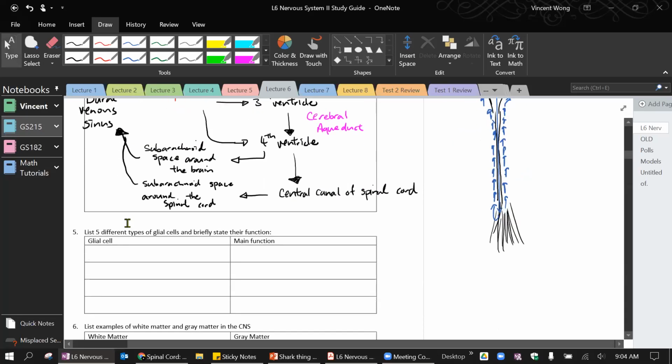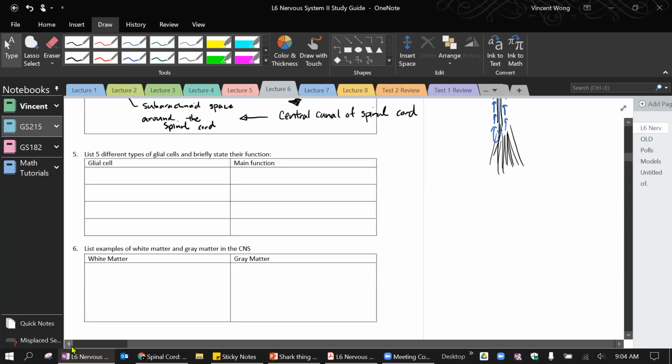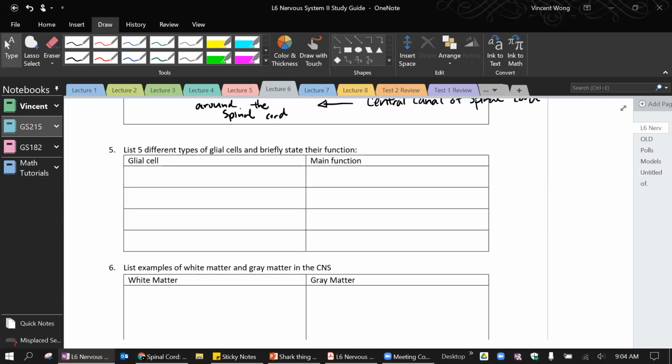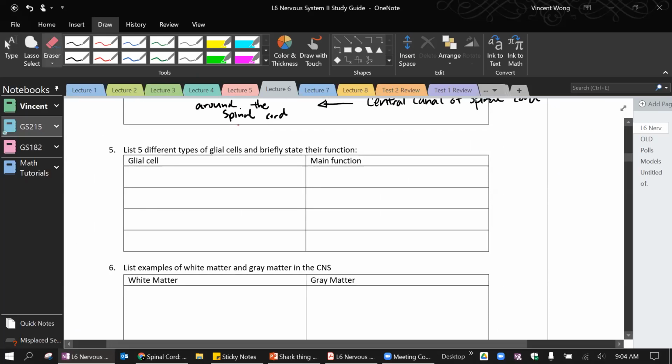Okay. Next one, list 5 different types of glial cells and briefly state their function. So remember, glial cells are supporting cells of the central nervous system, of the nervous system.